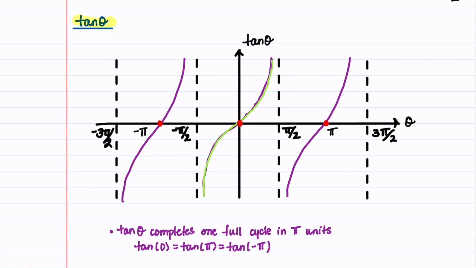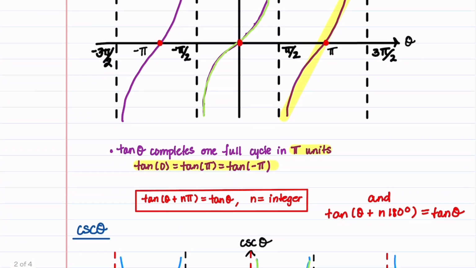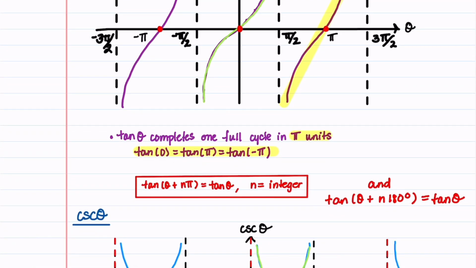Tangent theta completes one full cycle in pi units and repeats when you add or subtract pi units. We'll write this identity as tangent theta plus n pi is equal to tangent theta. We can also write it in terms of degrees.